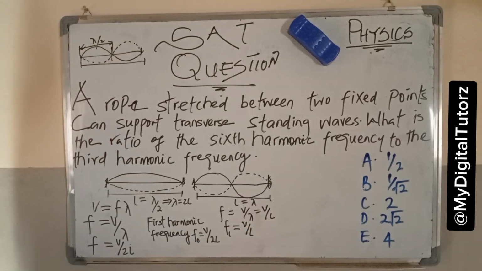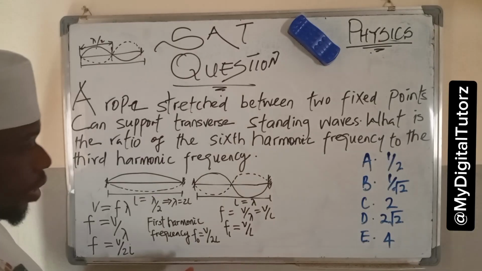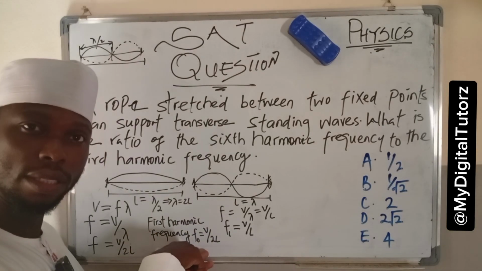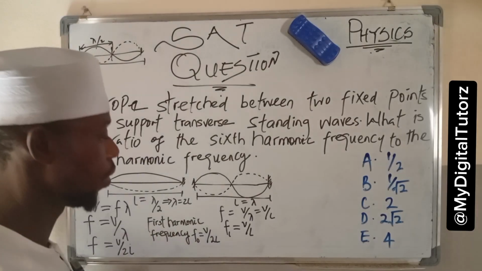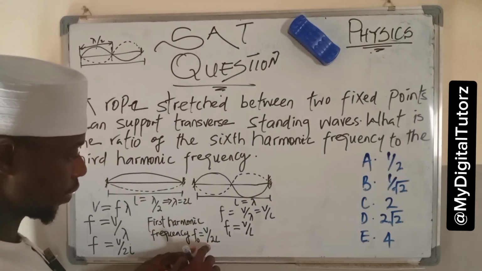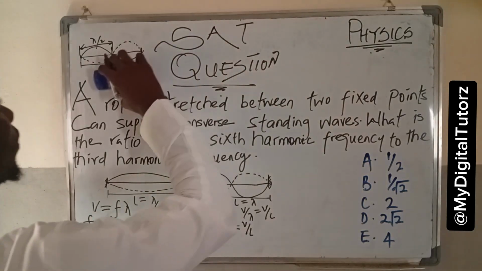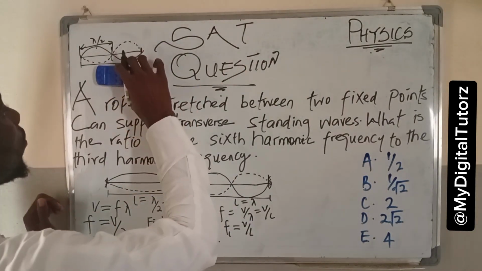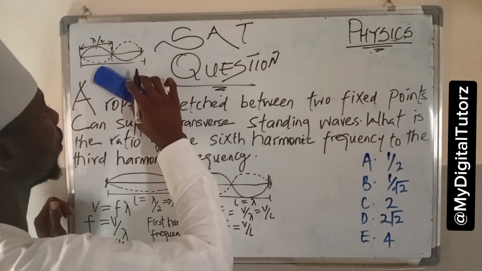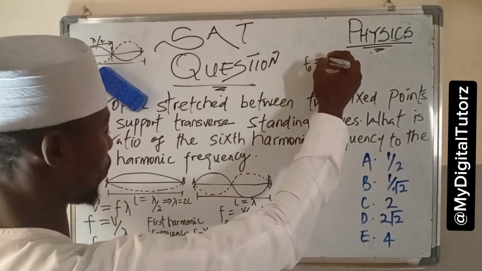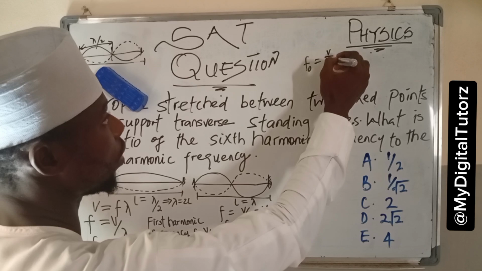Are we following? Okay. So if we are going to write the first harmonic in terms of the second harmonic, let's do that over here to manage our space. If you look at this, you have f naught equal to V over 2L.